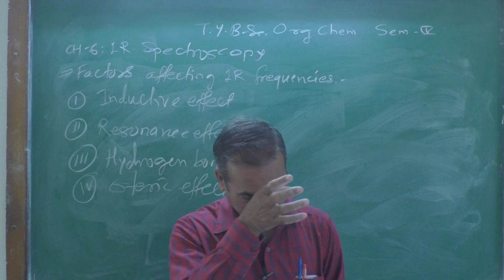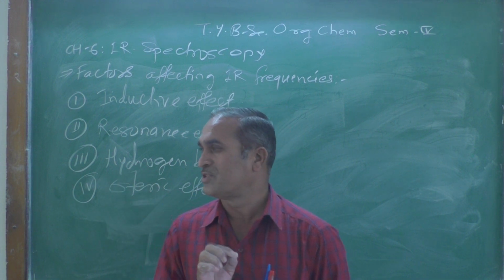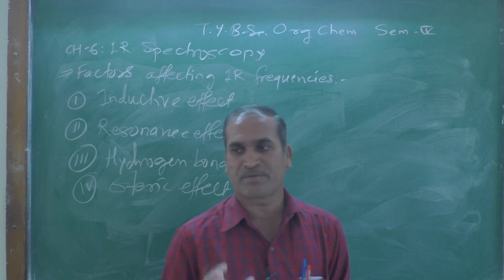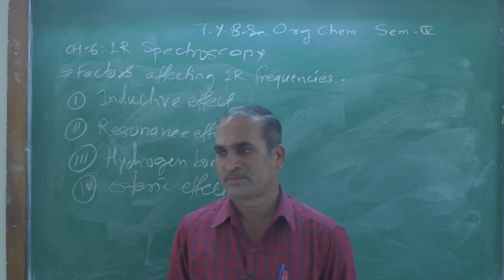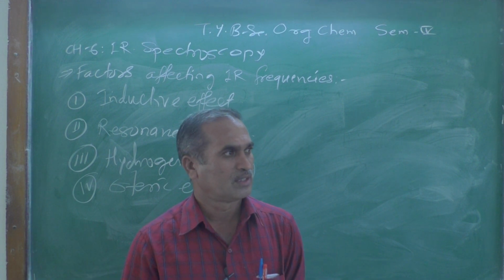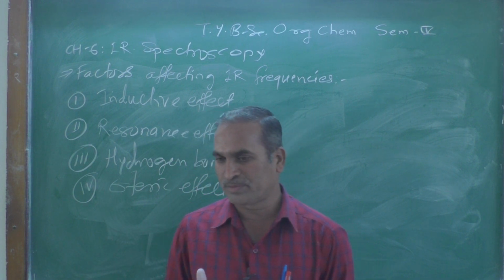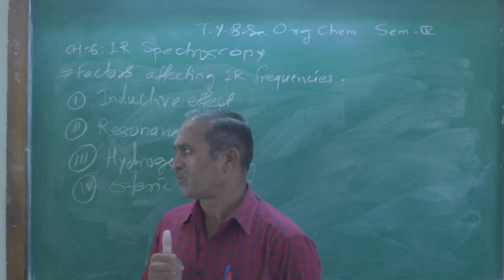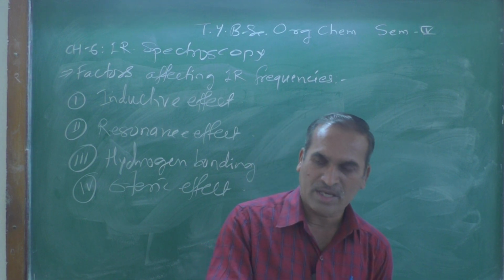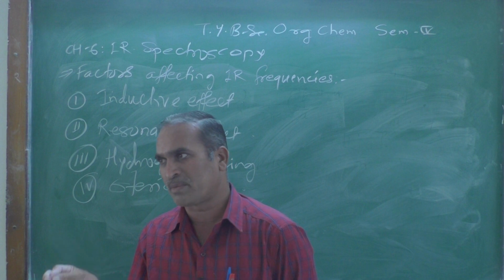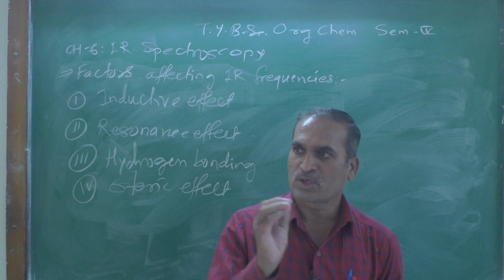Second one, electron withdrawing group. The effect is generally known as the minus I effect, and the minus I effect is generally produced by electron withdrawing groups. Once again, what do we mean by an electron withdrawing group? The atom or group of atoms that decreases the electron density on the carbon atom is known as an electron withdrawing group.